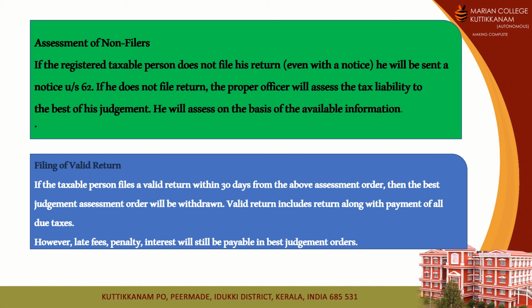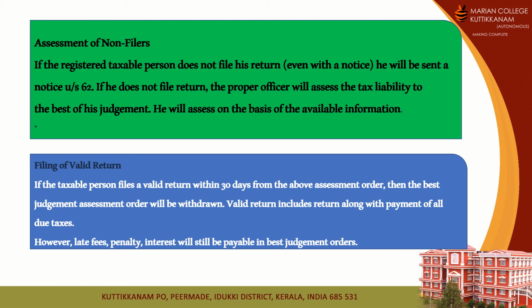If the registered taxable person does not file his return, even after receiving a notice, he will be sent a notice under section 62. And if he still does not file the return, then the proper officer will assess the tax liability to the best of his judgment.